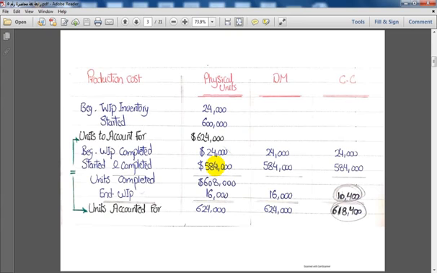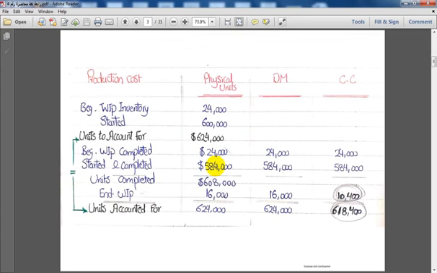Finished goods in the weighted average method combine beginning work in process and units started, and treat both of them as 100% completed at the end of the process. So the 24,000 of beginning work in process will be 100% of direct material and 100% of conversion cost.